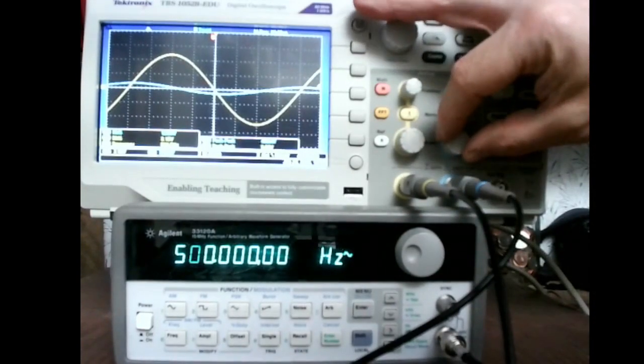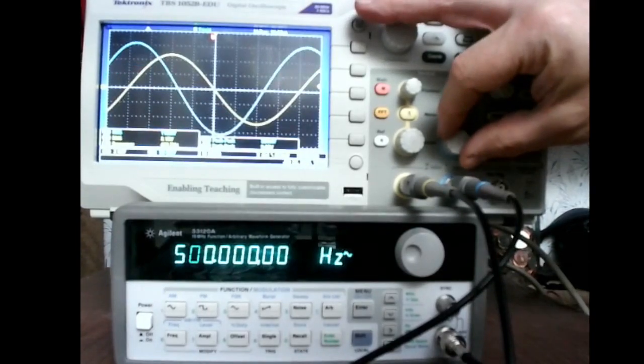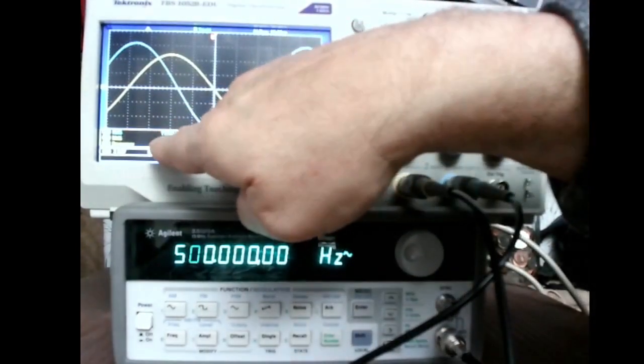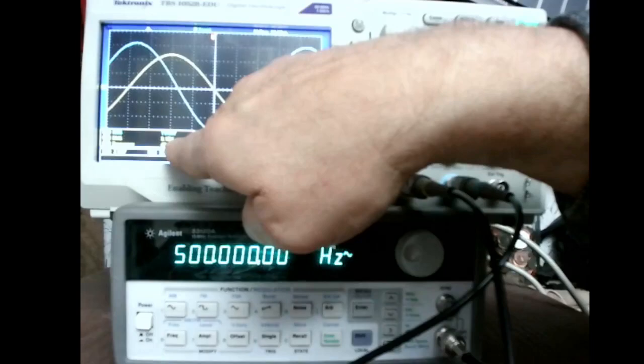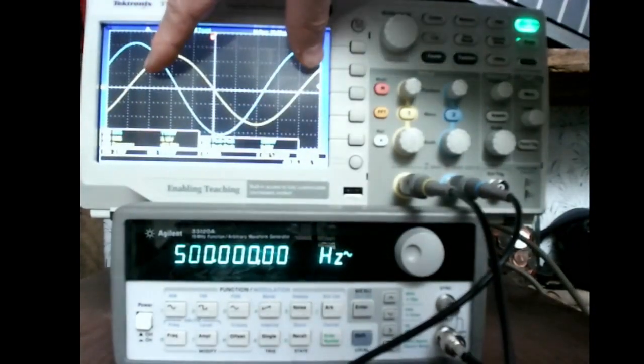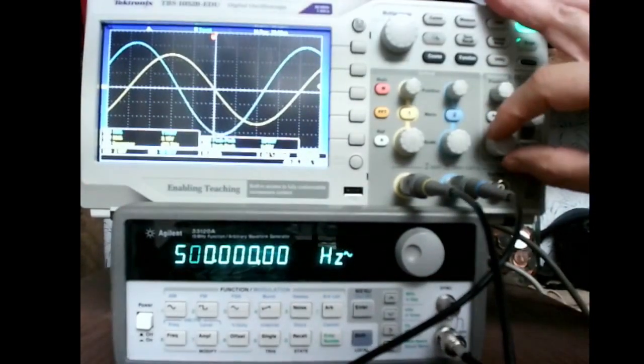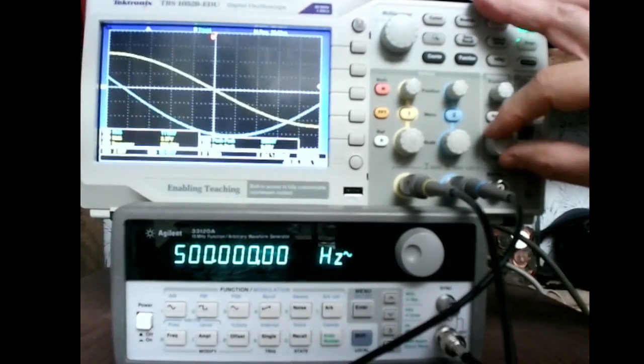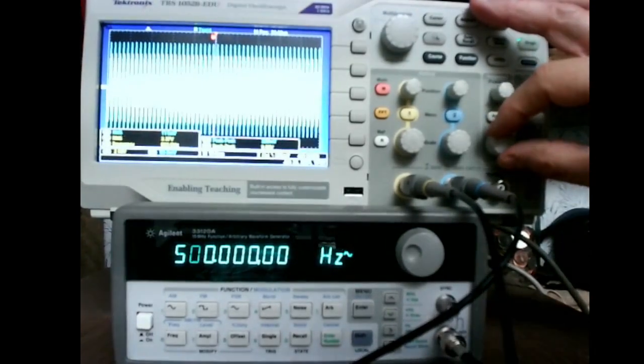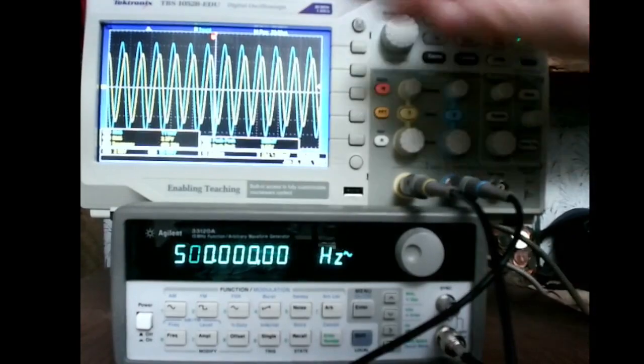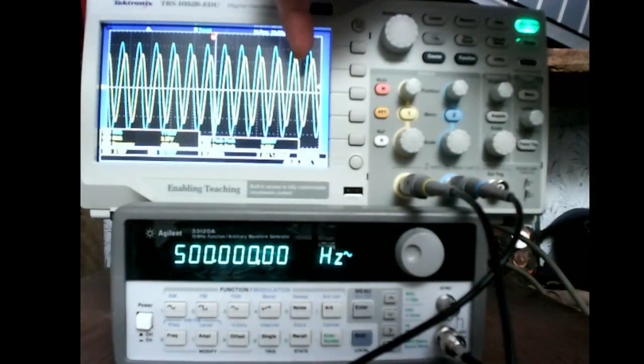So again, you want to make it fill up a large portion of the screen so that it will read more accurately. So you want like one whole sine wave. You don't want hundreds of sine waves. See, if I change my time, all right, I can get lots and lots of sine waves.